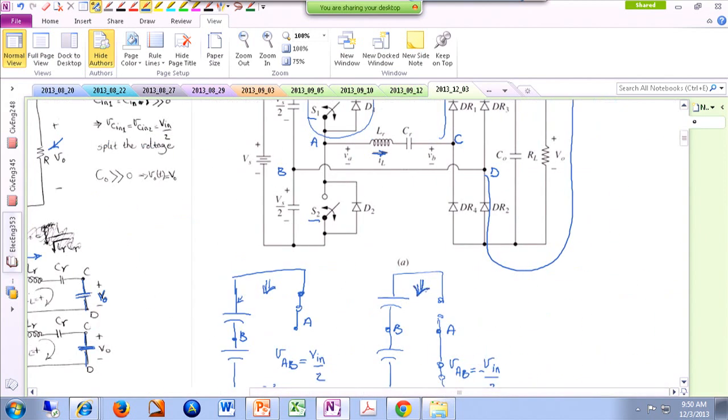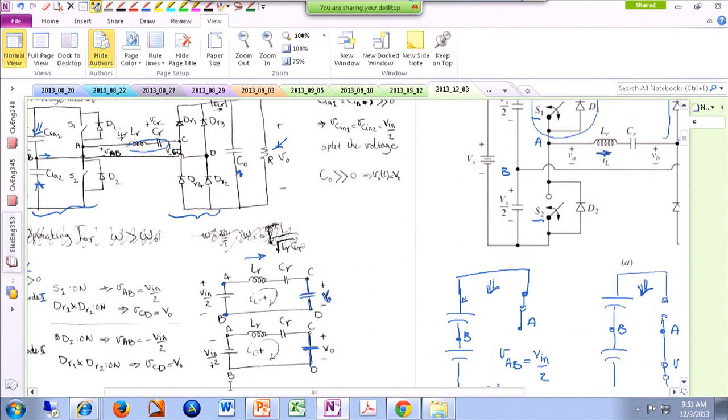So from A to B, instead of having Vin over 2, now we have negative Vin over 2. These are the first two modes that you can identify, assuming that the output current is positive.